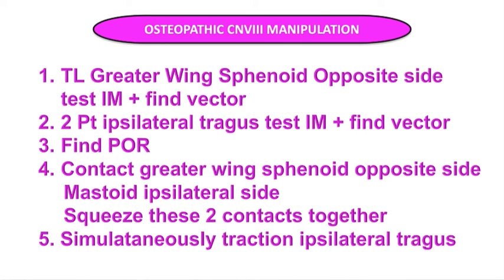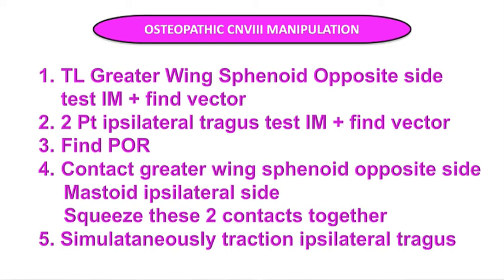So simply step number 1, you're going to therapy localize the greater ring of the sphenoid on the opposite side of the abnormal vestibular nuclei function. So if there's a problem with the left vestibular nuclei, you're going to therapy localize the right greater ring of the sphenoid, test your indicator muscle. Then you're going to find the vector challenge just like you would in a normal cranial inspiration assist to see what angle your correction is going to be.